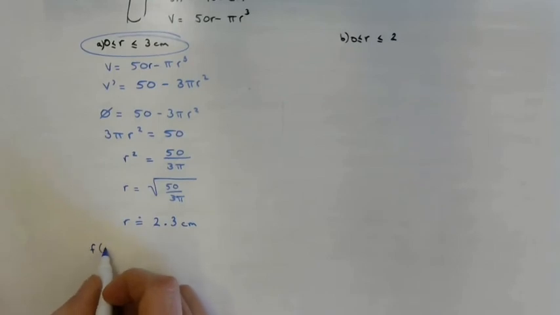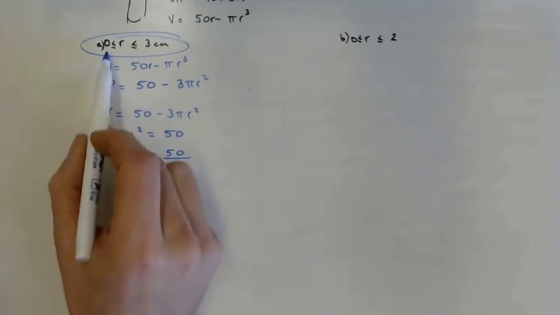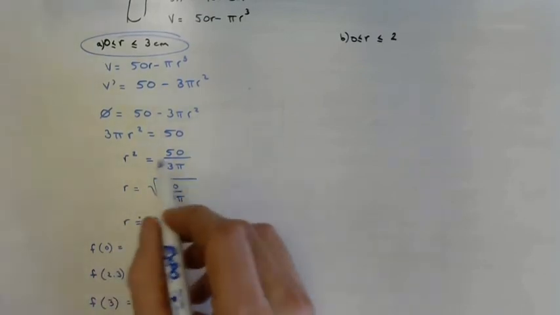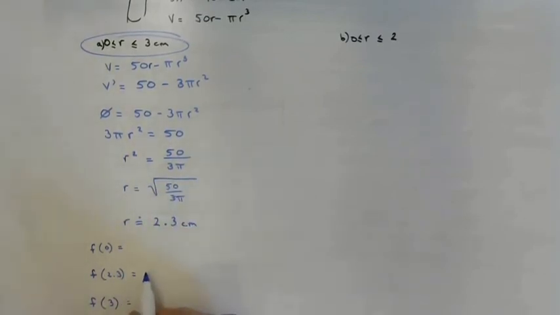We'd have to sub in 0 because it's a bookend of the domain, sub in 2.3 because that's the value that we found, and sub in 3 because that bookends the domain. I'm just going to write the answer that we found, because there's a change of direction there and nowhere else, so obviously that's going to be its max. It ends up being approximately 76.8, and volume is measured in centimeters cubed.